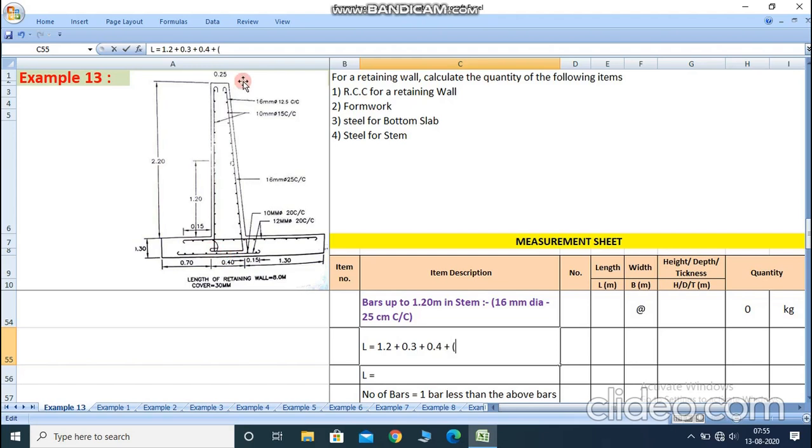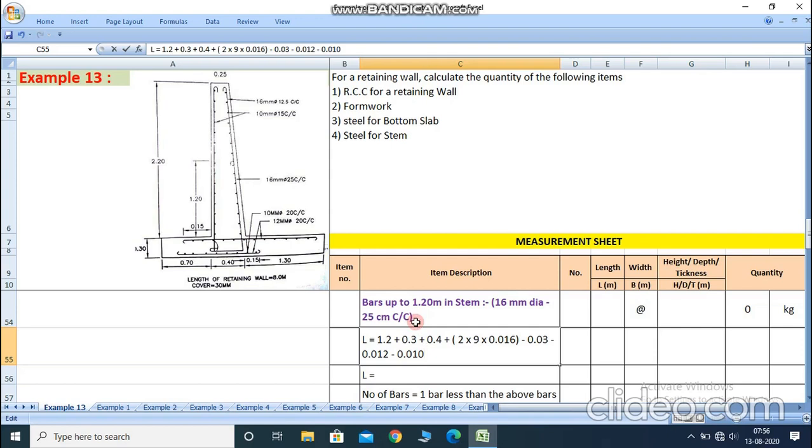So right here, 2 times 9 into d, the diameter is 16 mm, so 0.016, minus the bottom cover. Here no top cover is required, so minus the bottom cover 0.03, minus 0.012, minus 0.010.